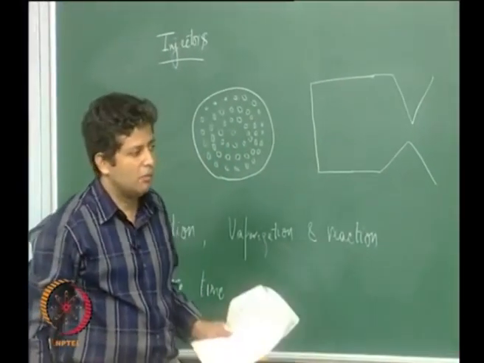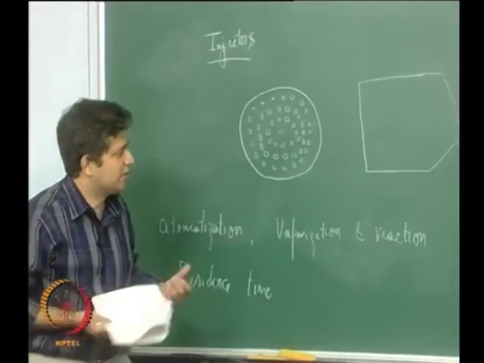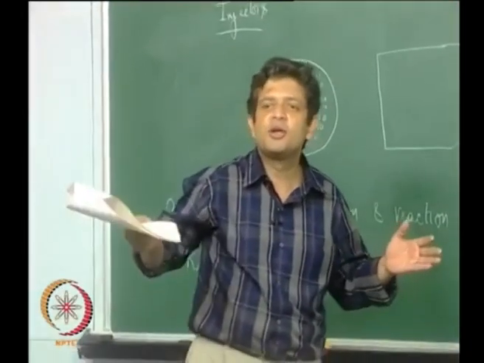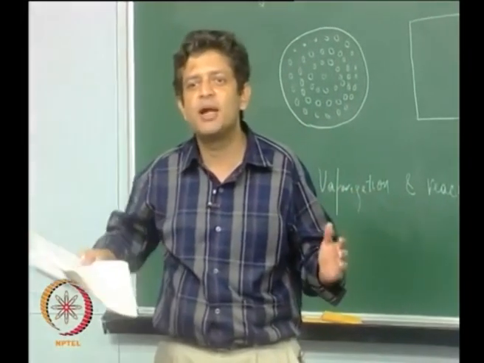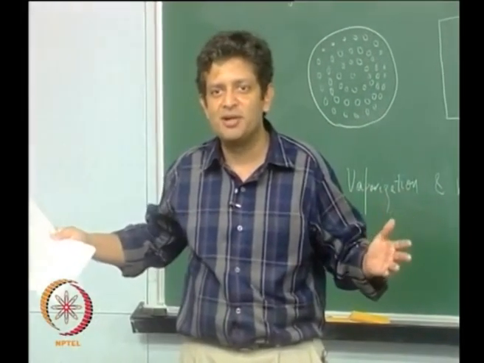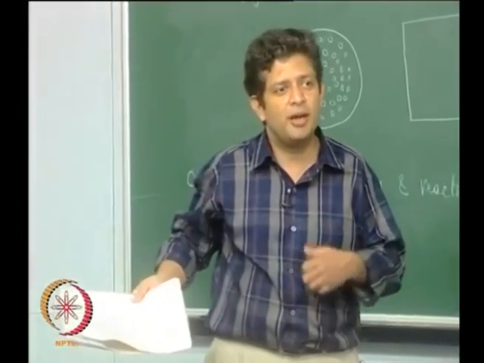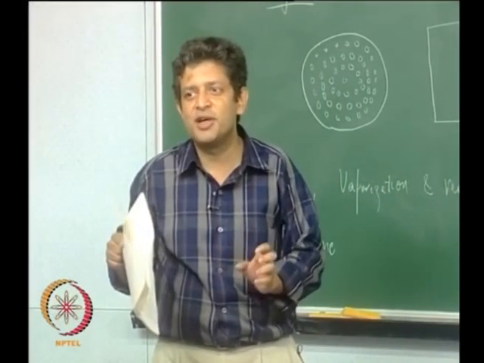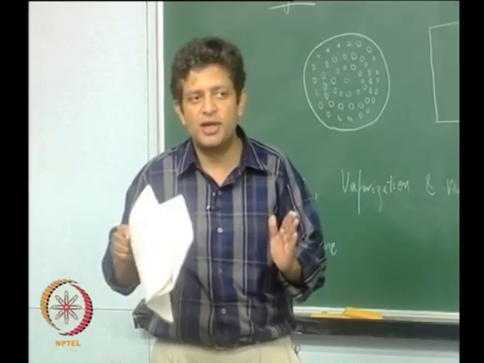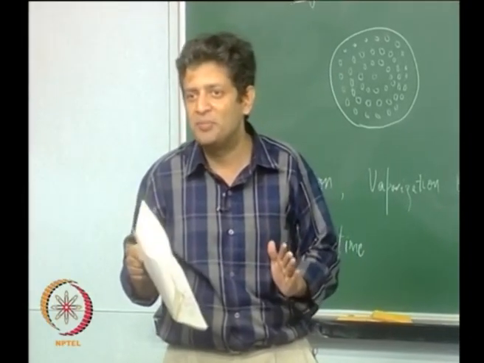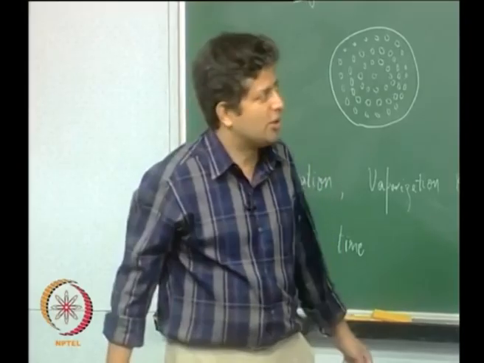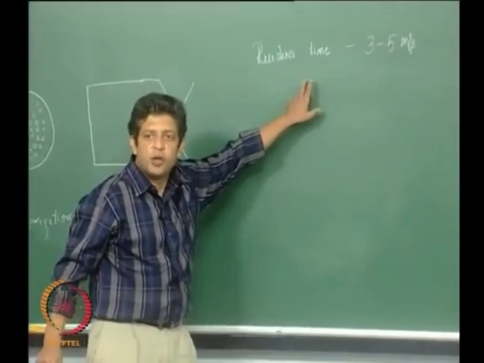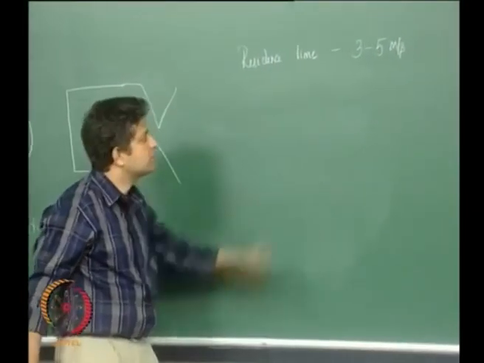Remember, in a liquid rocket motor, unlike in a solid rocket motor, you are not storing the propellants in the same chamber. In liquids you are able to store them separately and you introduce them in a chamber where they combust and react. So the combustion chamber is very, very small. So the residence time therefore is very small in a liquid rocket motor.